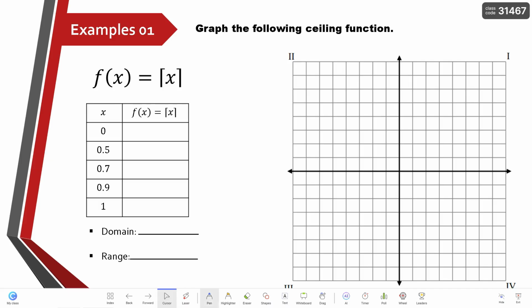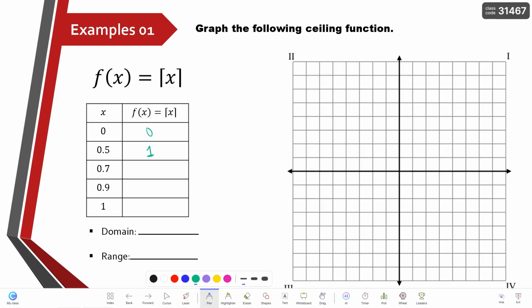For example, if we use 0 in this function, since we have the opportunity to use the integer that equals x, if x is equal to 0, this function will give us 0. And if we use 0.5, we are looking for the integer that is higher than this one, or equal to that one. So the function will round this number up, so it's going to be 1.